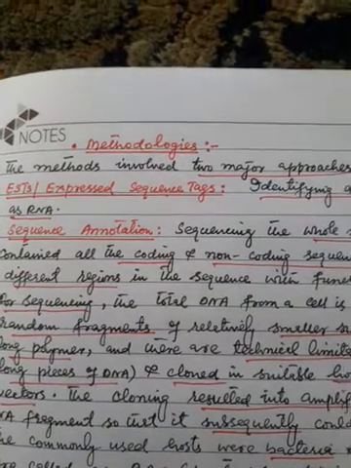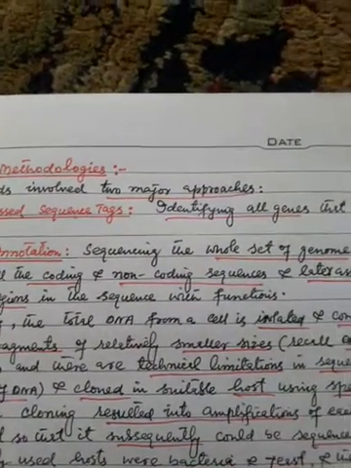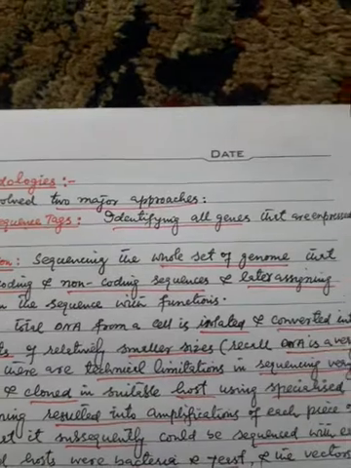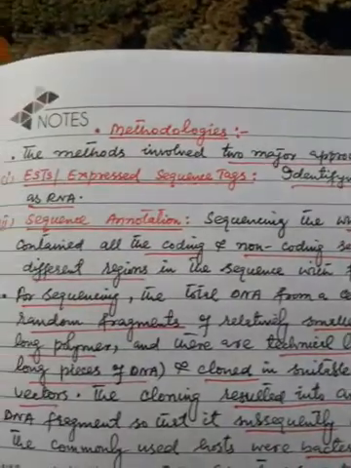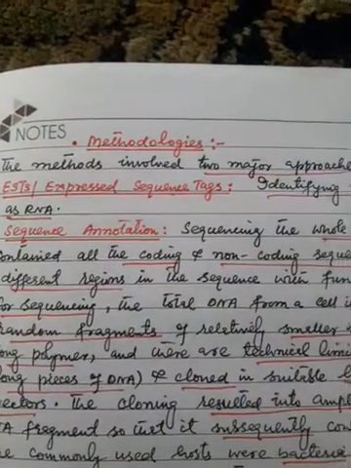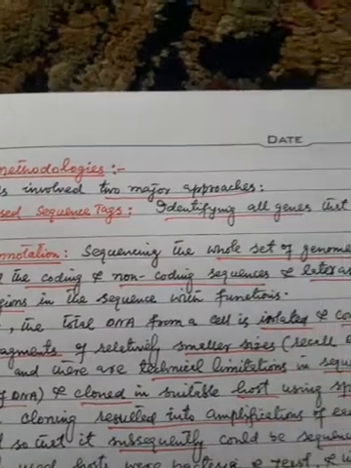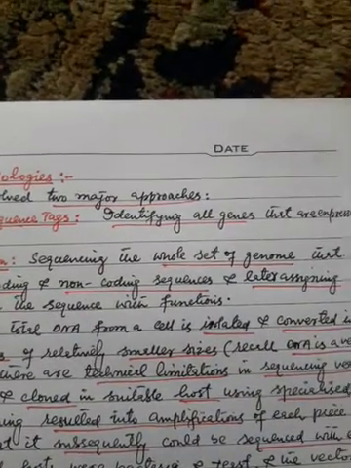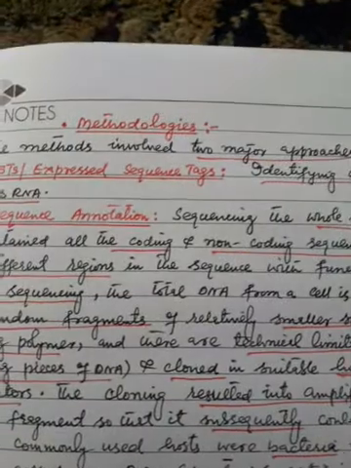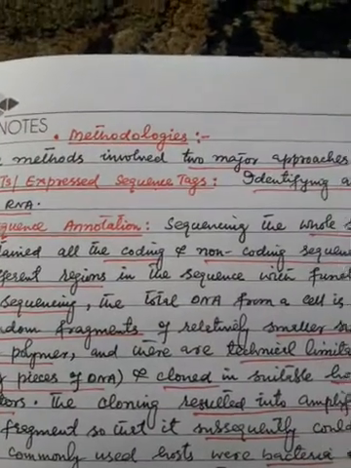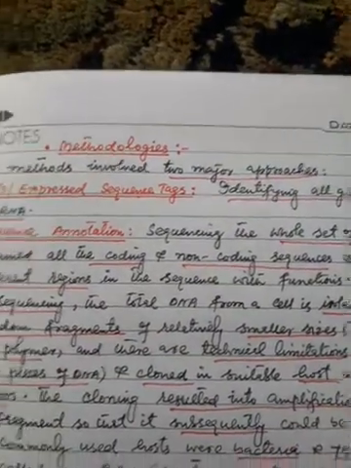Number second, sequence annotation, sequencing the whole set of genome that contained all the coding and non-coding sequences and later assigning different regions in the sequence with functions.